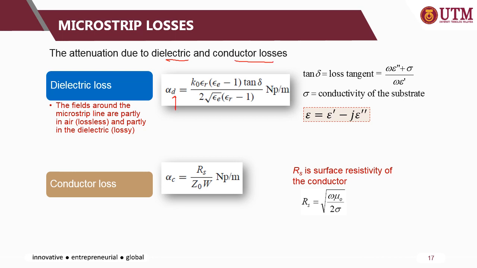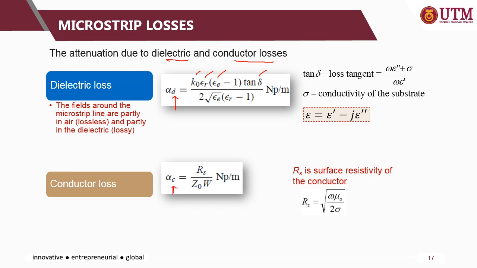So D for dielectric, you can estimate the losses by using this equation. So you have the wave number, relative permittivity, effective permittivity, or dielectric constant, and the loss tangent. All right, same goes to the conductor loss.